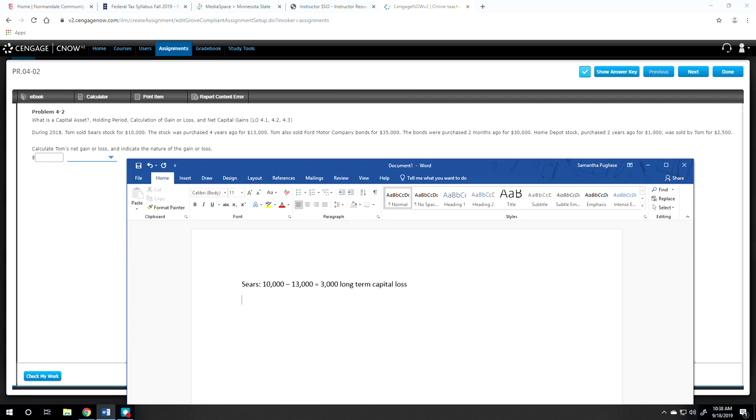Okay, let's look at the next thing they tell us. Tom also sold Ford Motor Company bonds for $35,000. The bonds were purchased 2 months ago for $30,000. Those were only purchased 2 months ago, so that's definitely going to be short term, so that's going to go in our short-term category. So this is Ford Motor.